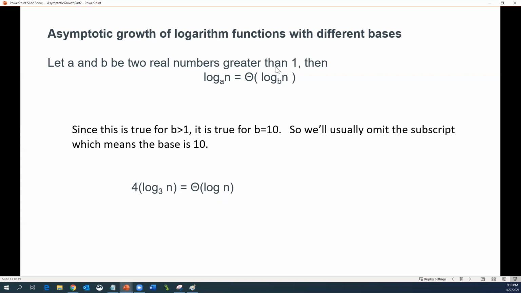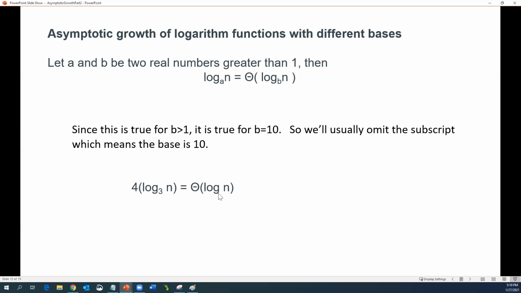So since this is true for any base greater than 1, and 10 is greater than 1, we'll just usually write it this way. It's kind of convenient. Since we know that it works for any base, to make it simple, anytime I have a function that's just a log function, I'm going to say it's theta of log n, not saying the base, but we know that means log base 10.